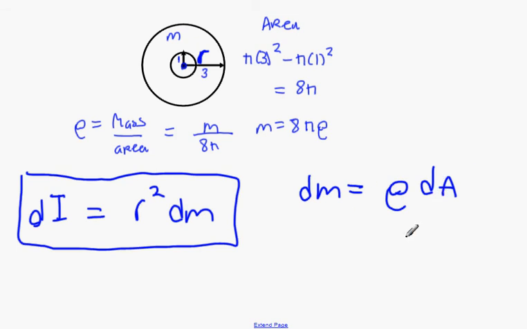Now, what is dA equal to, or the change in area? If you were to cut out a little circle from this, something like this, I'm just cutting this part out. I'm going to draw this bigger. Now remember the formal proof.